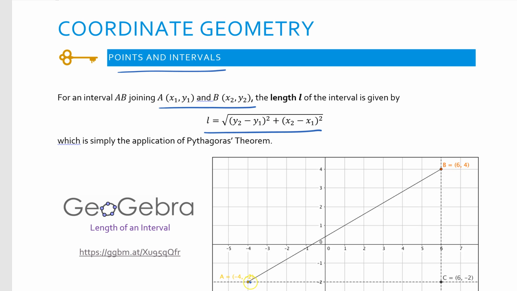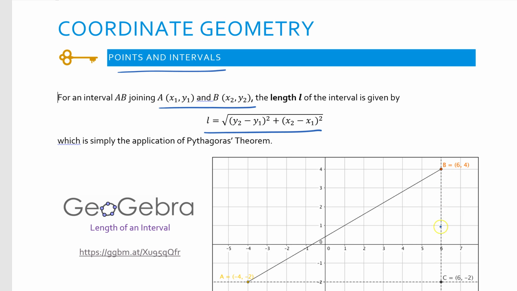So if we had these 2 points, this one and this one, if we want the distance between them, so the length of this interval, AB, then if we construct a right angle triangle, then we can see from that right angle triangle that the length of this side is simply the difference in the x values. So we're going from -4 across to 6, so that's a distance of 10.